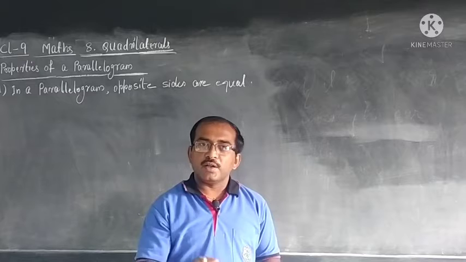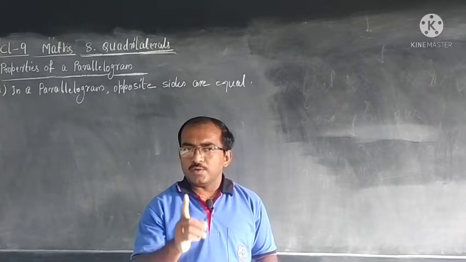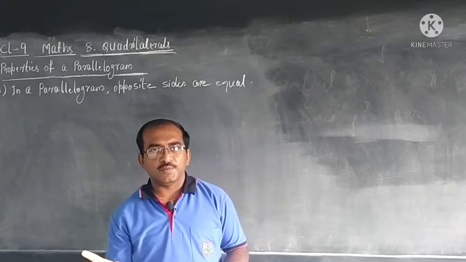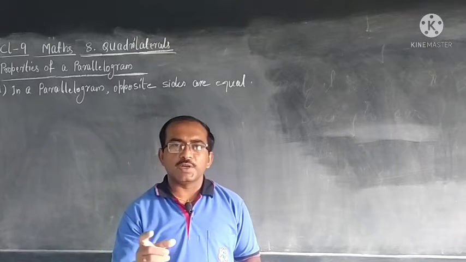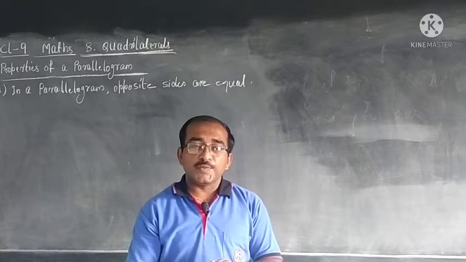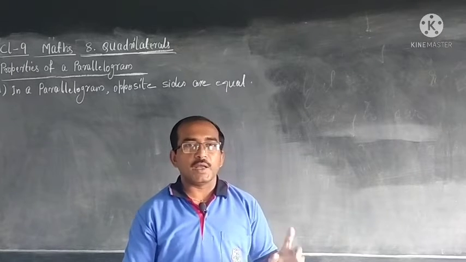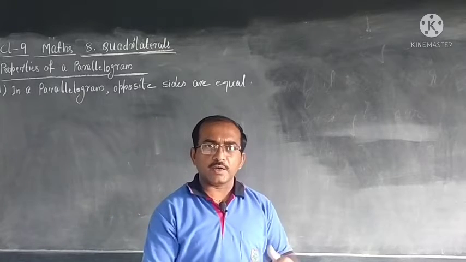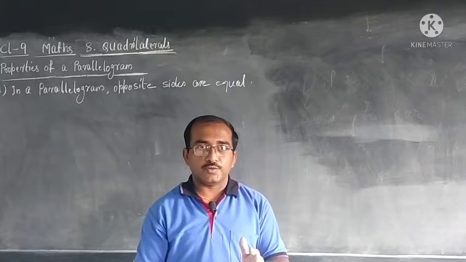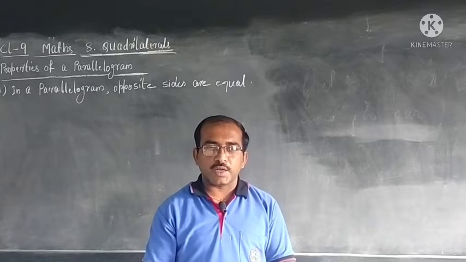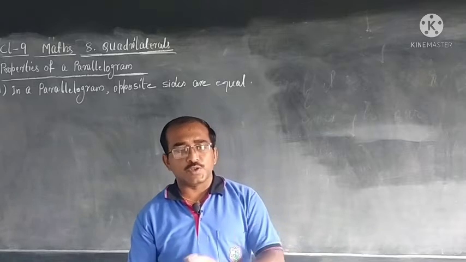That means such a parallelogram which has one angle 90 degrees will be a rectangle. So, this also is a property of a parallelogram. We can say that a rectangle is a parallelogram, but a parallelogram is not necessarily a rectangle. Keep that in mind.